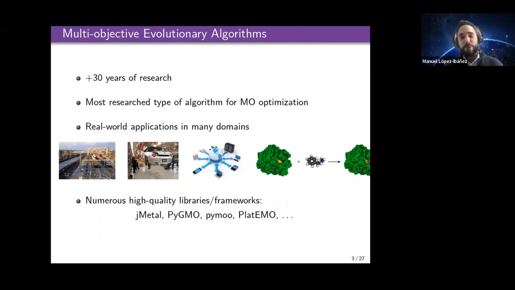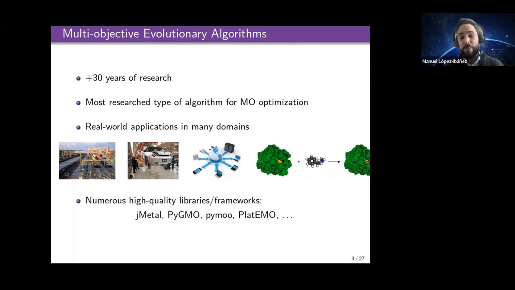These are algorithms that have been researched for more than three decades. It's probably one of the most researched types of algorithms for problems with multiple objectives, where you want to simultaneously optimize several objectives.